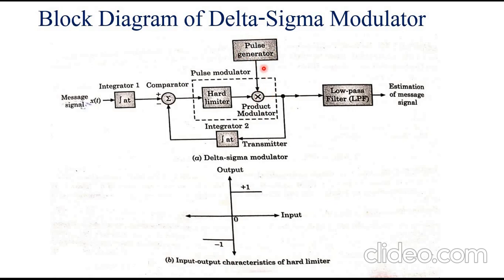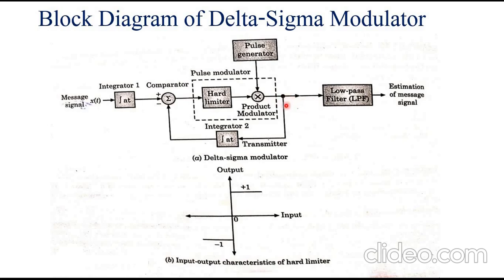At the output of the product modulator, we get the sampled version of the limiter output, and it is transmitted over the communication channel as a 1-bit encoded signal.